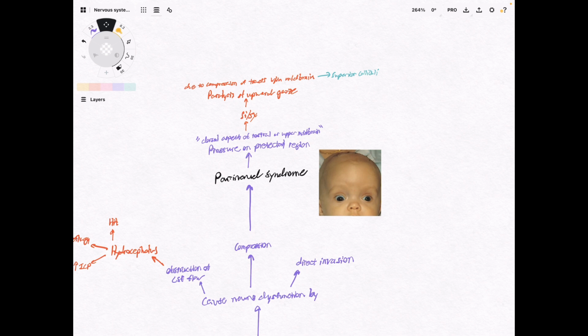And what Parinaud syndrome is, is a compression of the dorsal aspect of the upper midbrain, so the rostral portion of the upper midbrain. And this can actually put pressure on the pretectal region. What the pretectal region is, is very involved in the pupillary light reflex.